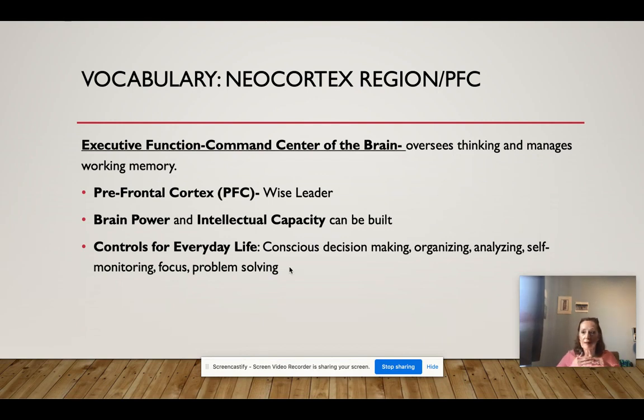It's kind of like building, interconnecting Legos. It just keeps going and going. And it's in this area that there are the controls for everyday life that's needed, not just in a classroom, but throughout the day for all of us. This is our conscious decision making, those executive functions of organizing and analyzing, managing ourselves, focusing, and problem solving.